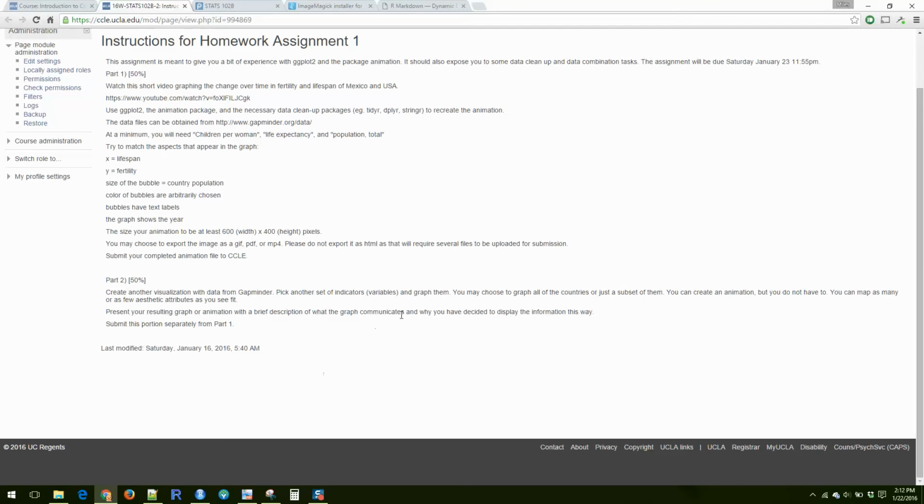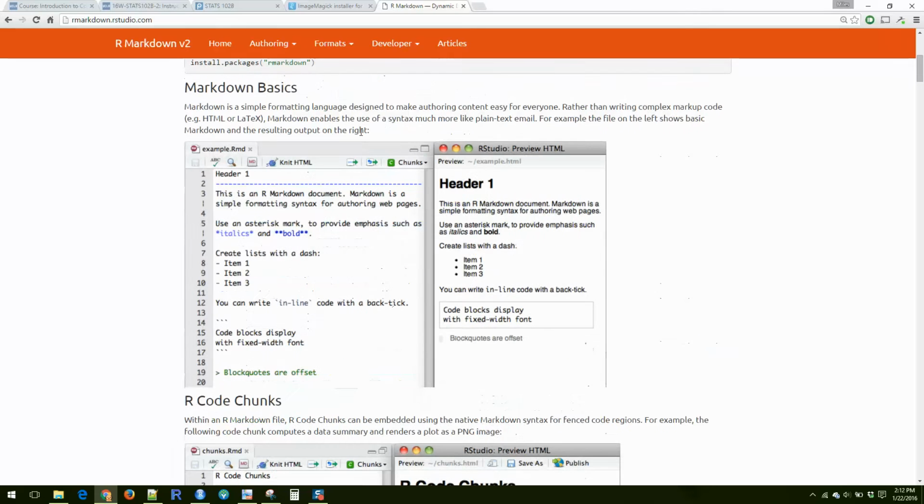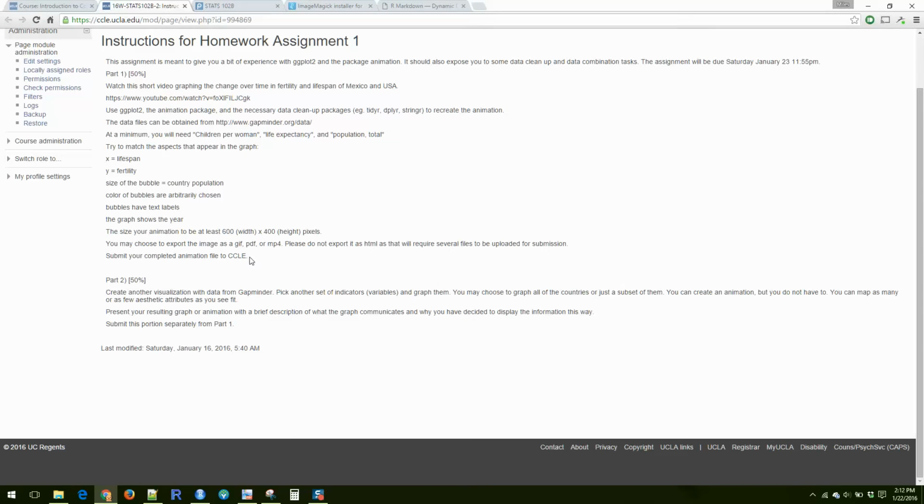So for part two, if you're going to submit an R Markdown thing, make sure you render the HTML and submit the rendered HTML. Don't submit an RMD. Or you could submit two files for part two, a GIF and a Word or a text document or something. Okay. Are there questions on this?